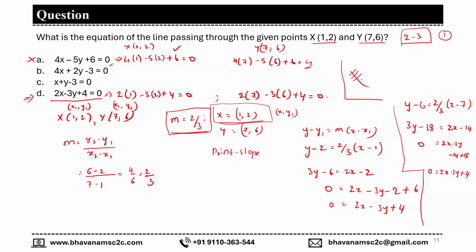If you know any one point it passes through, you will be able to identify the equation of that line. You need not know all the points. Just one point and one slope is enough to calculate the equation of a line.